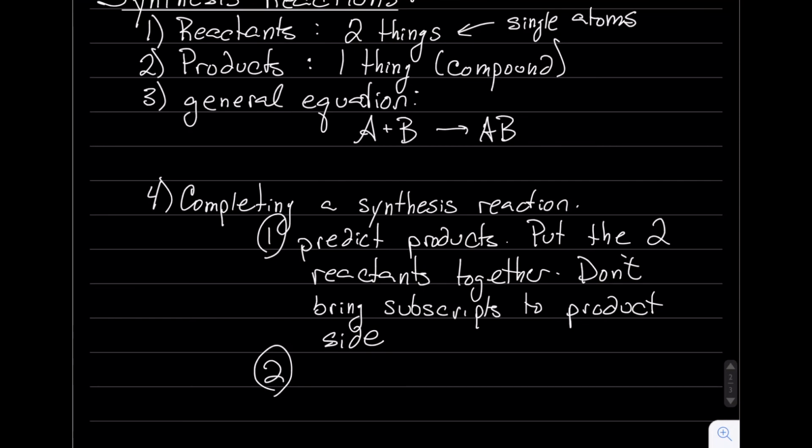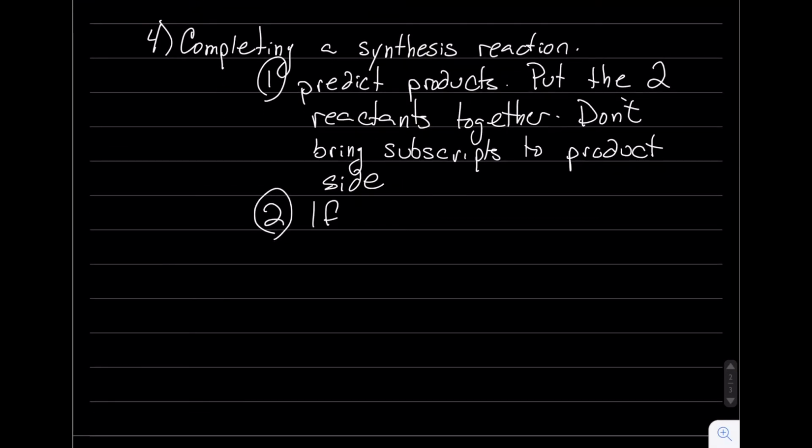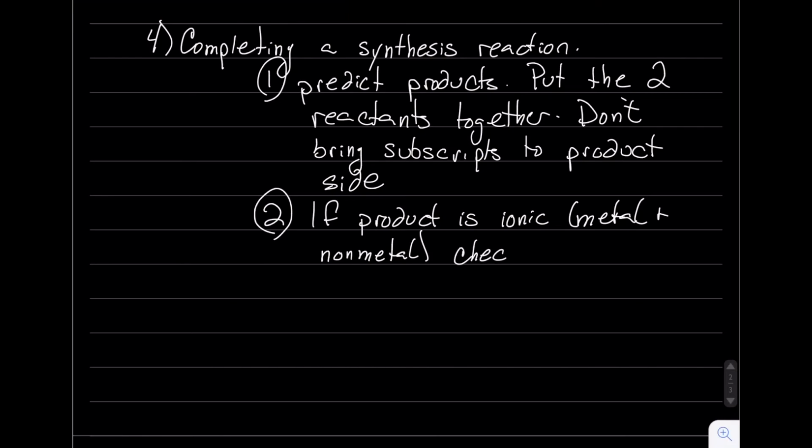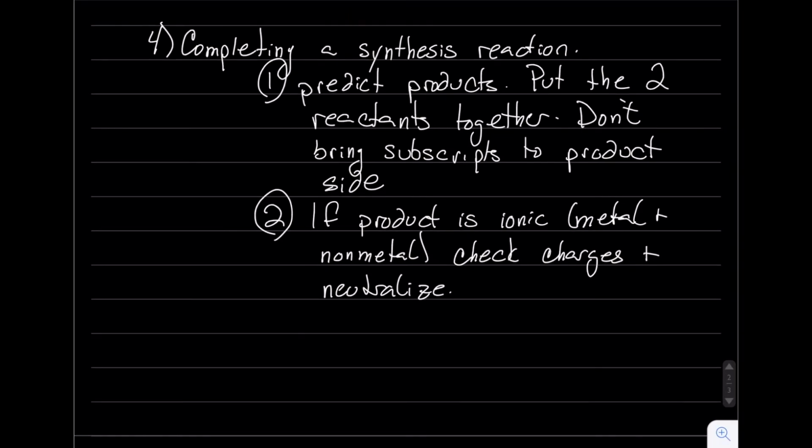Okay, step 2, if the product is ionic, which means a metal and a nonmetal, you need to check charges and neutralize. And then the last step is to balance.